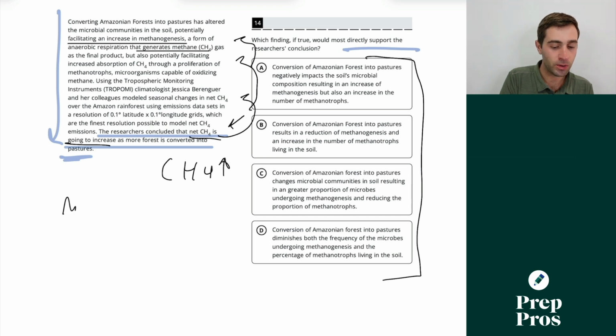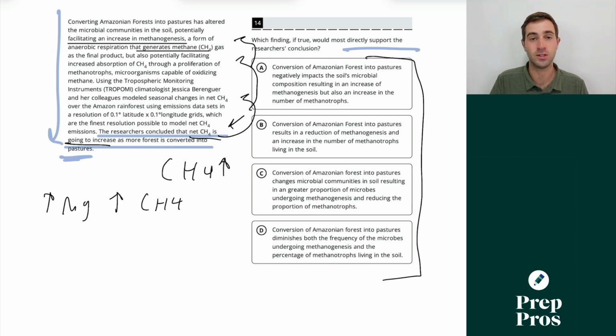So if we have an increase of methanogenesis, we're going to have an increase of CH4. So these two things are essentially positively correlated, but also potentially facilitating an increased absorption of CH4.